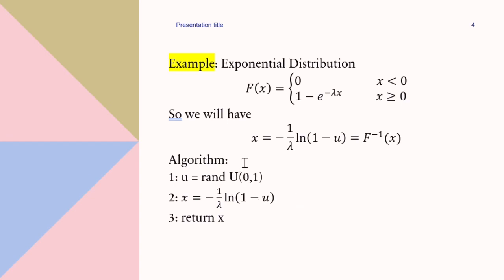I have here an example, and it is the exponential distribution, and this is the distribution function of our variable x, and so we can calculate the inverse function, which will be this relationship, and we can define our algorithm like that: first step will be producing a random variable in this interval, and so we can put x equal to this equation and return x, and x will be our random variable with exponential distribution.